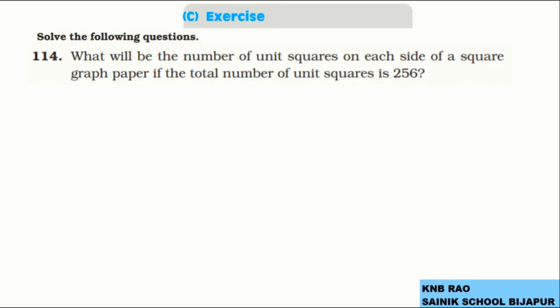Next, coming to question number 114, what will be the number of unit squares on each side of a square graph paper if the total number of unit squares is 256.